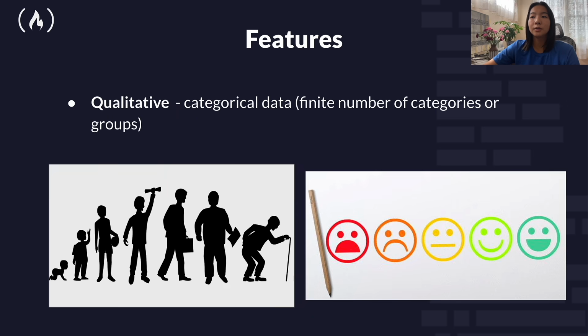Now, there's also a different type of qualitative feature. Here on the left, there are different age groups: babies, toddlers, teenagers, young adults, and so on. On the right-hand side, we might have different ratings: bad, not so good, mediocre, good, and then great.